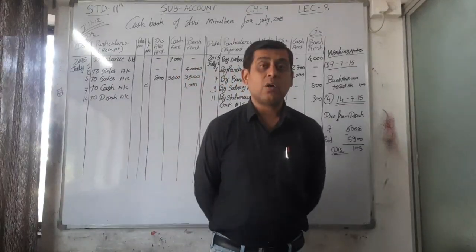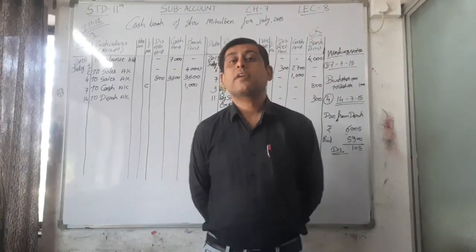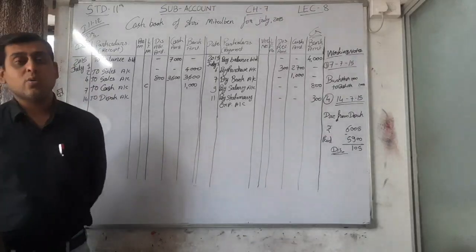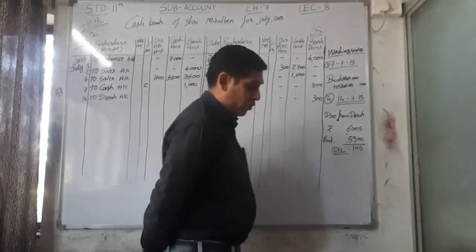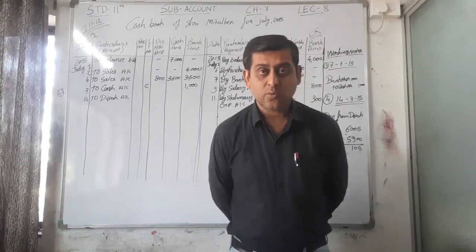To Deepak account 6,005. Again, cash account debit 5,900. Discount account debit 105. To Deepak account 6,005 rupees.